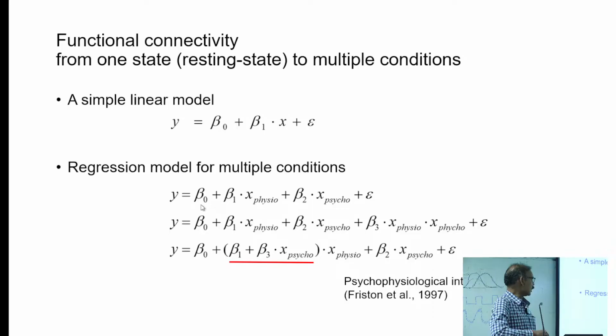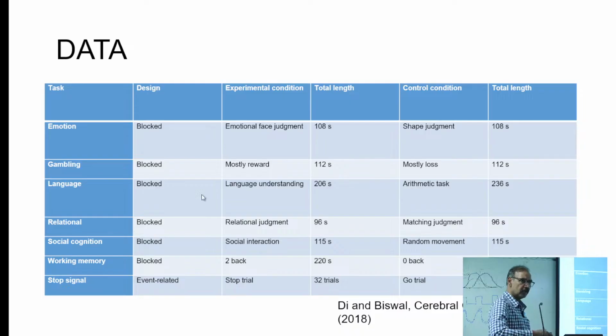This is the physiological interaction. This is the psychological interaction, right? And what we are trying to do is study whether there is this interaction that we are not capturing with task activation.